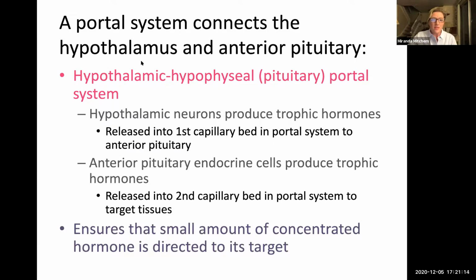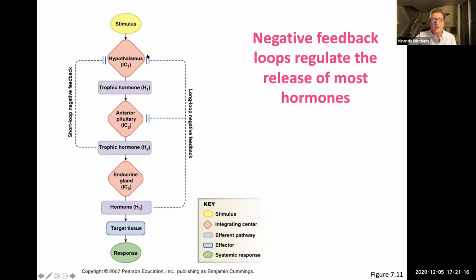Okay, so this is the whole pathway associated with the hypophysiotropic hormones. We have our stimulus that acts upon the hypothalamus. The hypothalamus produces hormone 1, which acts on the anterior pituitary gland to produce hormone 2, which then acts on the endocrine gland part of the cascade to produce hormone 3, which then acts on the target tissue, leading to the response.